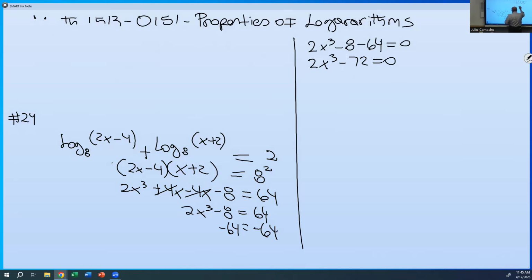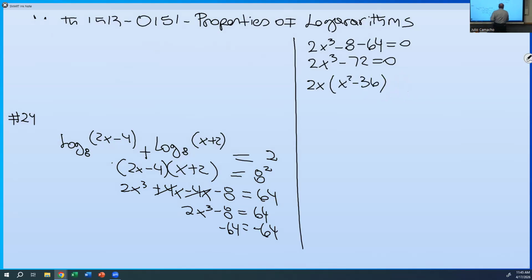If I take a 2 out, I will have in parentheses x squared minus 72 equals 0. Oh, sorry, not 72, it's 36, the half of 72.